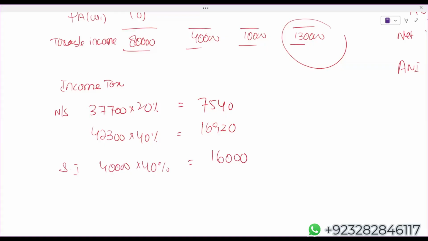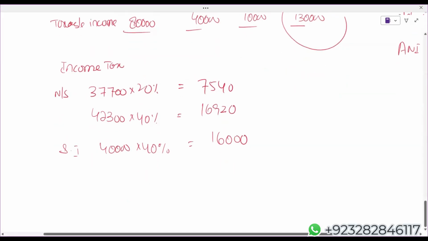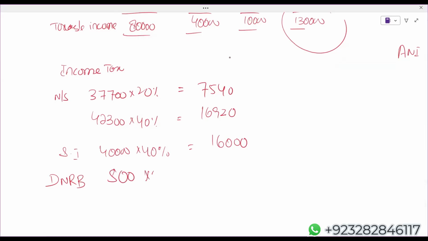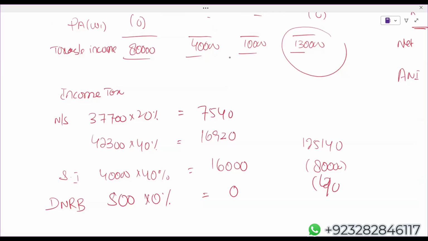Okay, now for the dividend income. Can I say in case of dividend income, every individual gets nil rate band of £500. So dividend nil rate band, £500 into 0%. Now we have to check how much space is left for the higher rate band. Actually, 1,25,140 is the limit of higher rate band, and out of that we have utilized 80, we have utilized 40, we have also used 500.